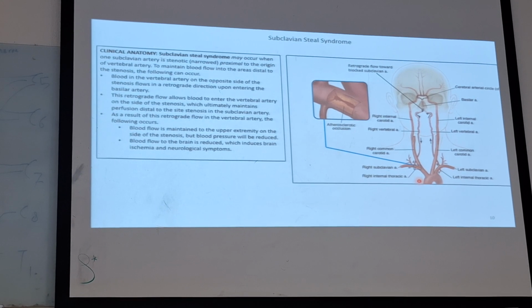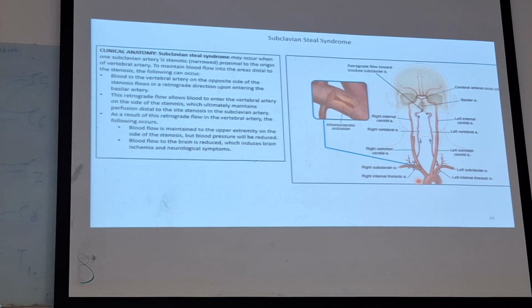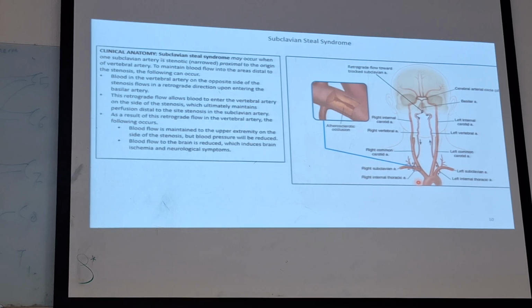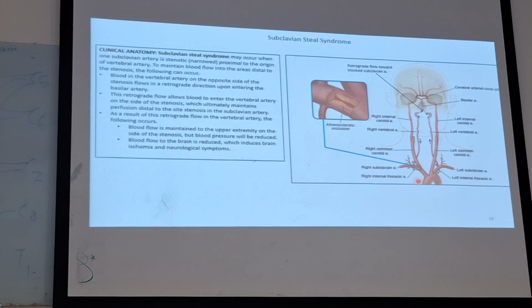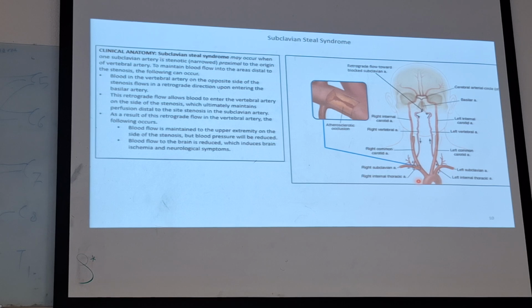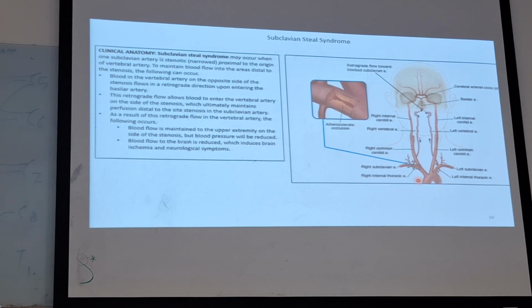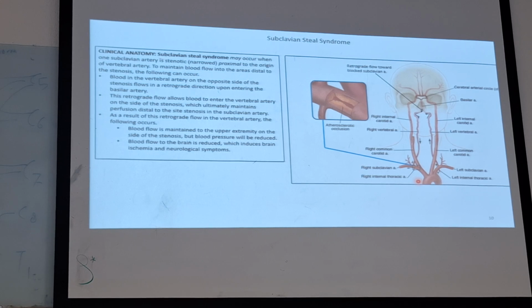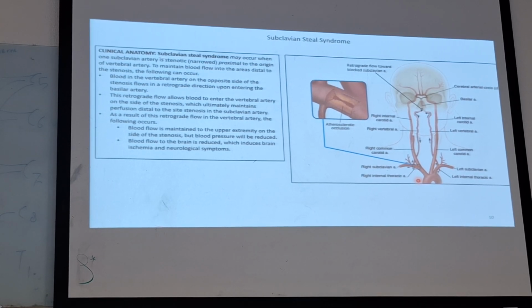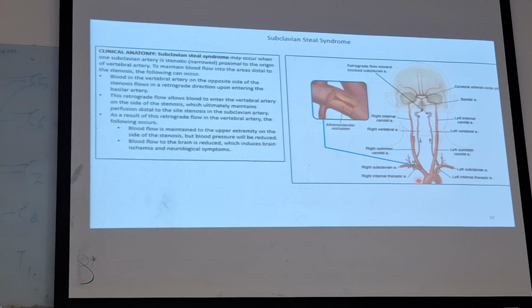So the blood enters the vertebral artery, and I think it travels through the vertebral artery and reaches this area here. But it doesn't reach the brain properly, so it might cause stroke, brain ischemia. Am I right? Partially you are good. Any opinion?